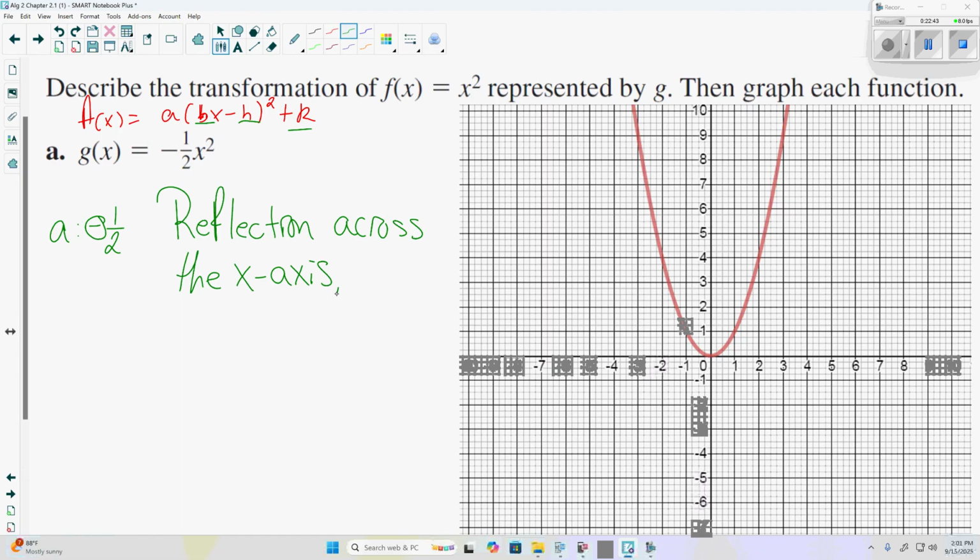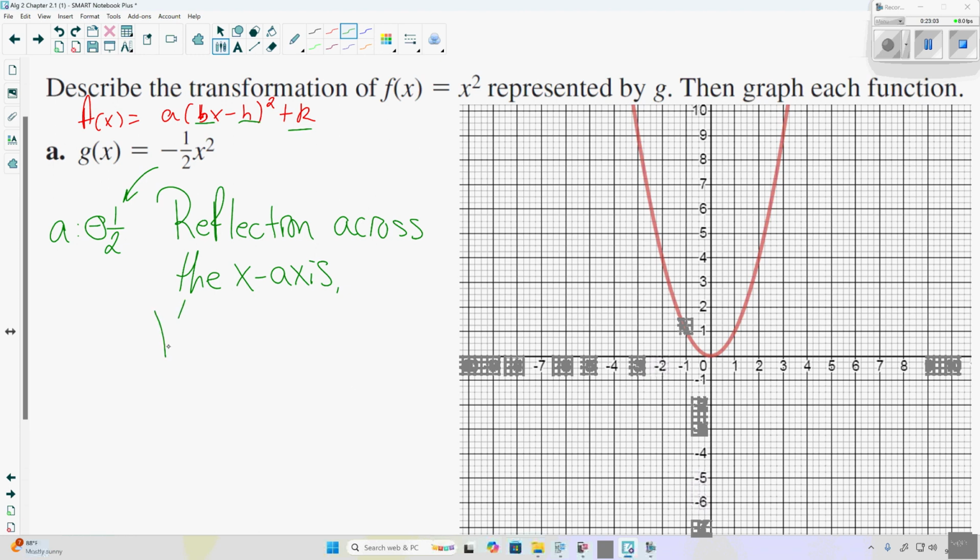That negative is specifically telling us there's a reflection. It doesn't tell us anything else. The negative is the reflection. That is one of our 2 transformations. The other is the 1/2. Because a is one of 2 transformations, it's either a reflection or a vertical stretch or shrink.